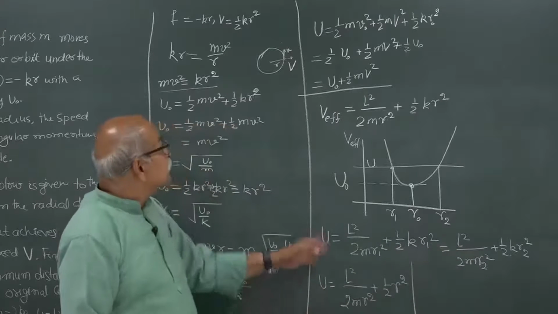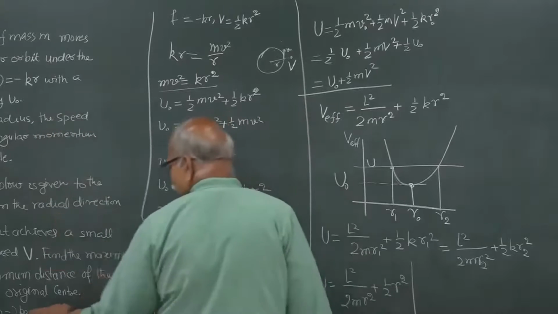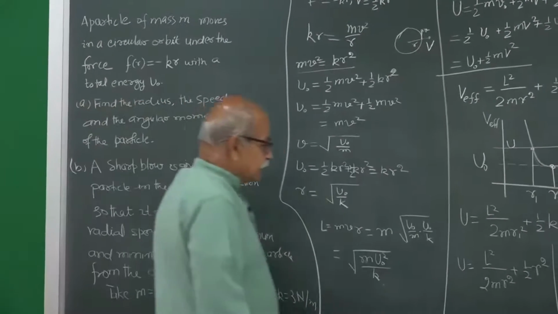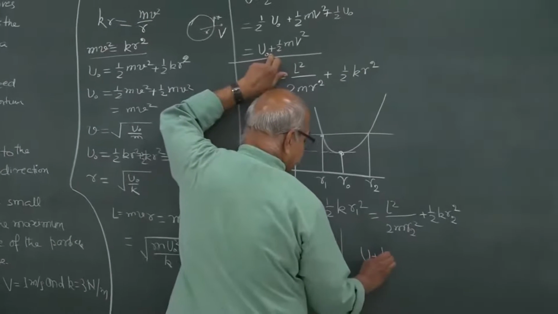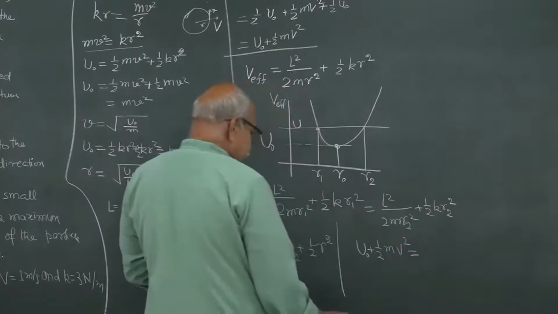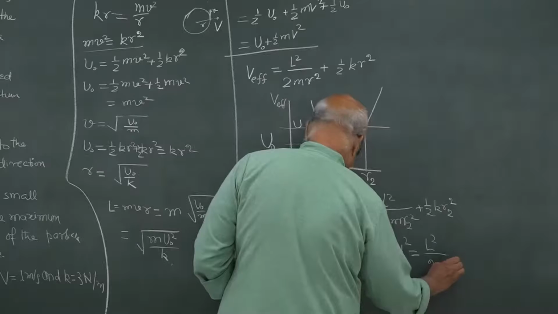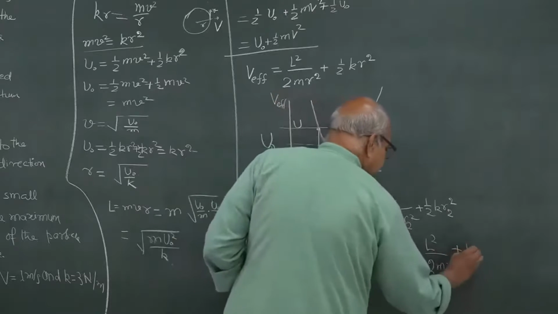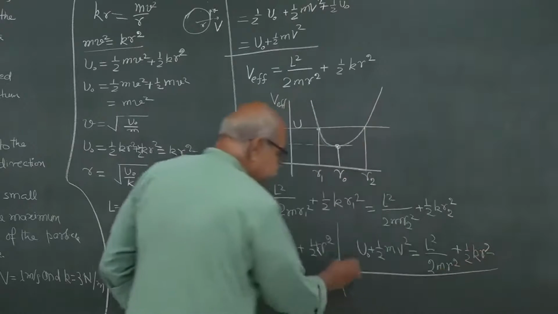and now you can write the values also. You are given what is u naught and all that. So, it will be u naught plus half m capital V square is equal to L square by 2 m r square plus half k r square. Okay.